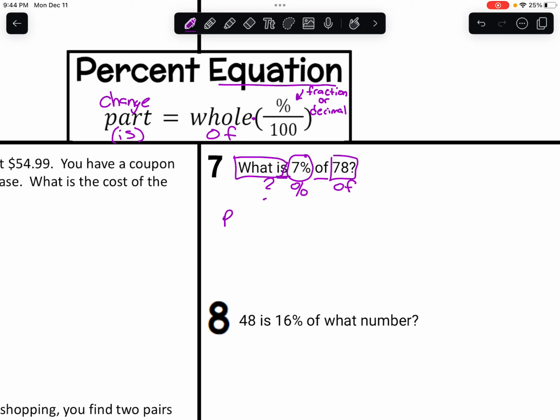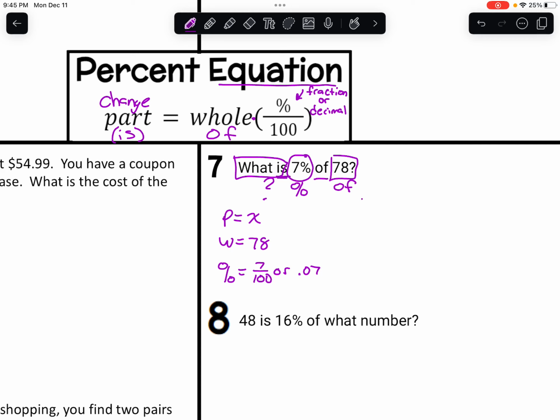I like to write part, whole, percent off to the side so I can identify each piece. The part is our unknown, which we represent with a variable, and I'll use X. We use variables to represent numbers we don't know. The whole is 78, and the percent is 7 out of 100, or 0.07.